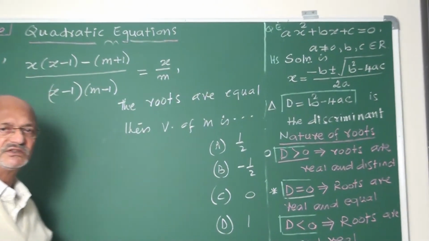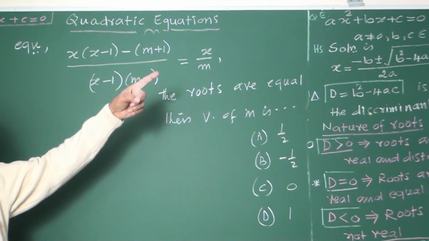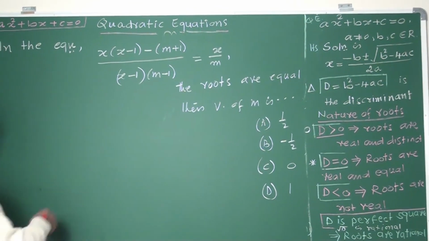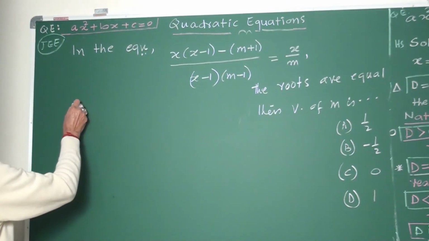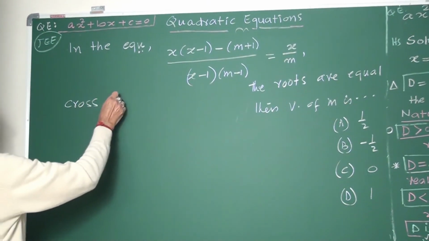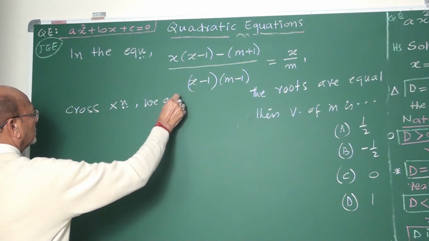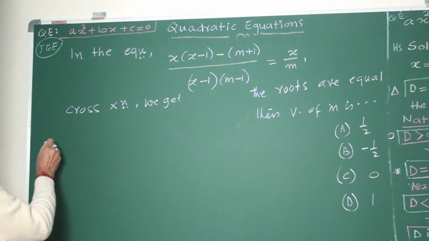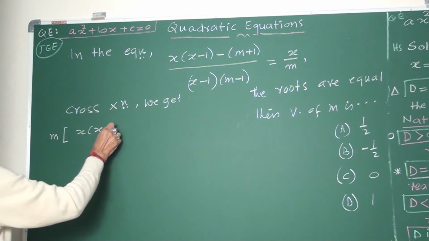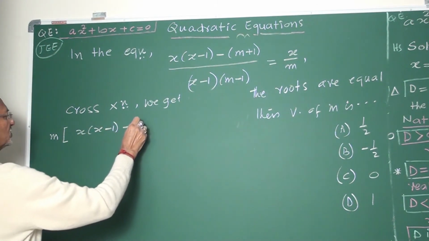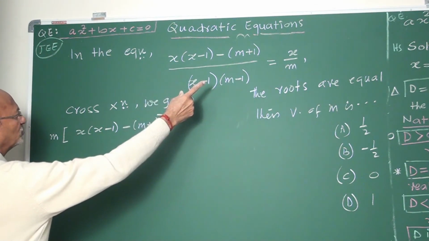The only secret of this example is that you must simplify this and express it in the form of ax square plus bx plus c. Yes, my friend. By cross multiplication, we get, take that m into, I write here, x into x minus 1 minus m plus 1 x into this.